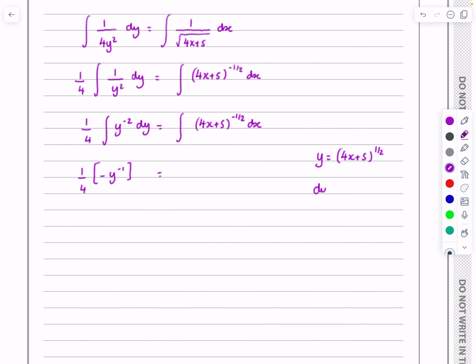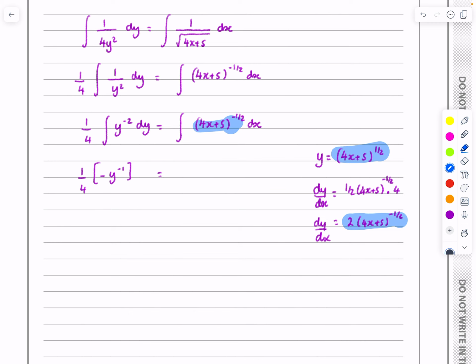If I check by differentiating that, I would get half 4x plus 5 to the minus a half multiplied by the differential of what's in there, and the differential of what's in there is 4. So in other words, 2 lots of 4x plus 5 to the minus a half.